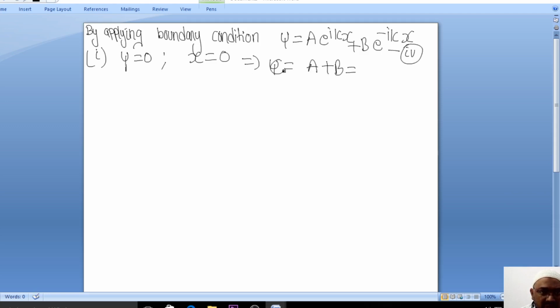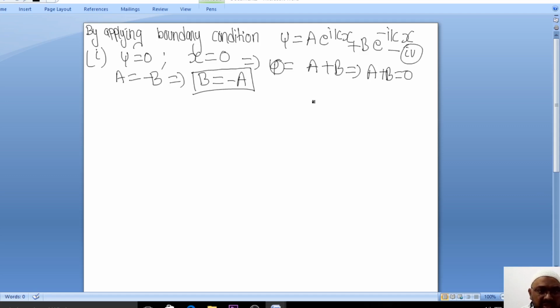This is actually 0, so a plus b is equal to 0, and a is equal to minus b, or else b will be equal to minus a.